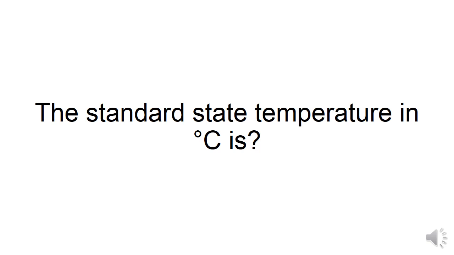Standard state temperature in degrees Celsius is, now standard state has a specific pressure and a whole bunch of other stuff. So you should also memorize whatever these values are. And just by doing problems with them, they'll come to you naturally.